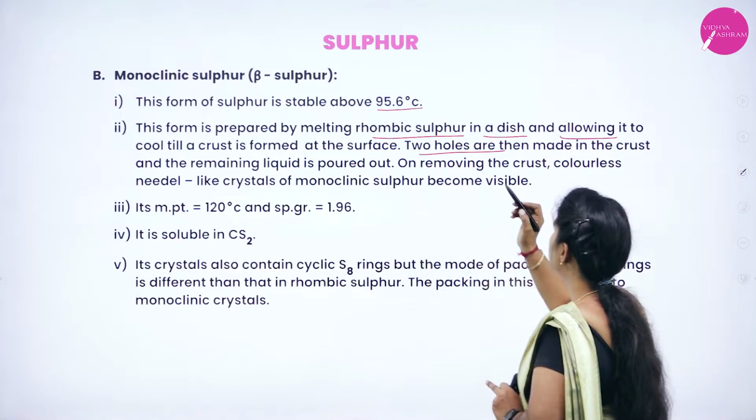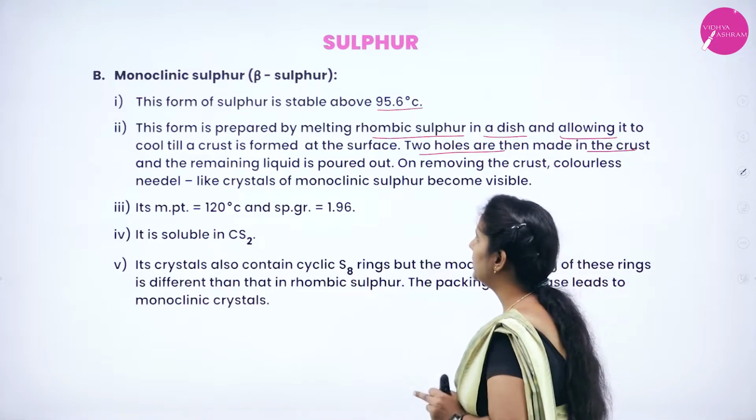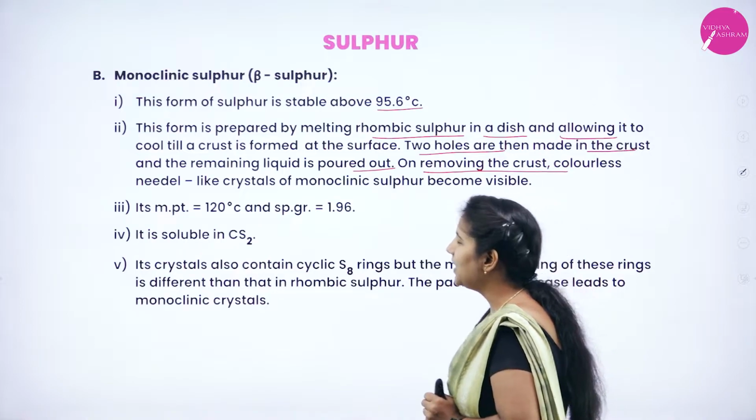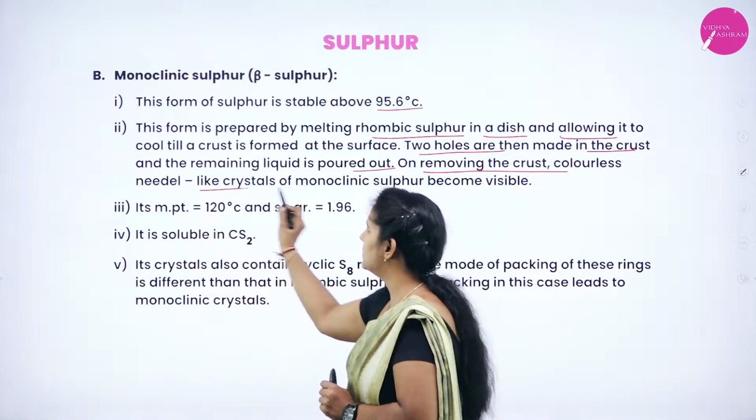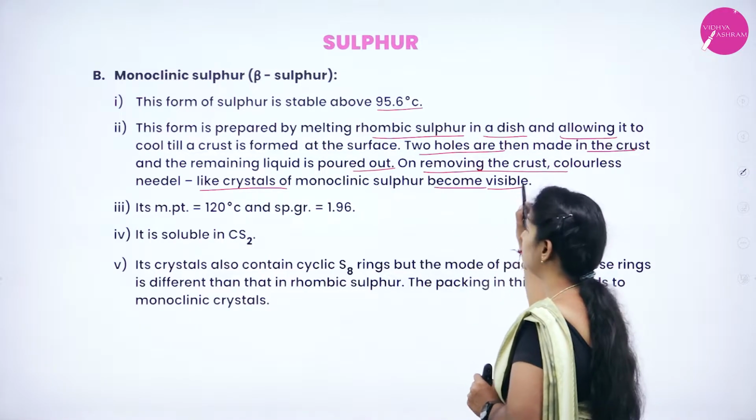Two holes are made in the crust and the remaining liquid is poured out. On removing the crust, the colorless needle-like crystals of monoclinic sulfur become visible.